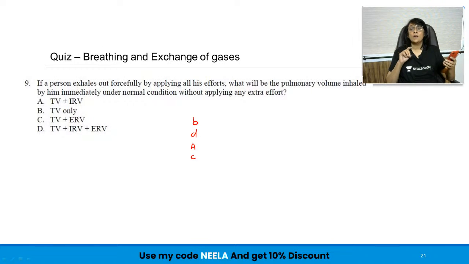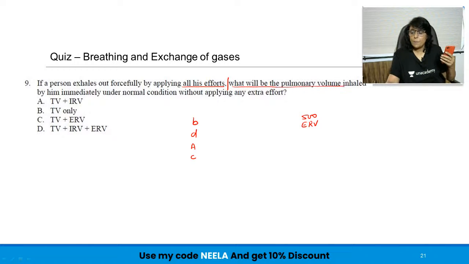If a person exhales forcefully by applying all his effort. Normal exhalation, 500 tidal volume will go out, okay? Forceful expiratory reserve volume will also go out, okay? Then, full stop.